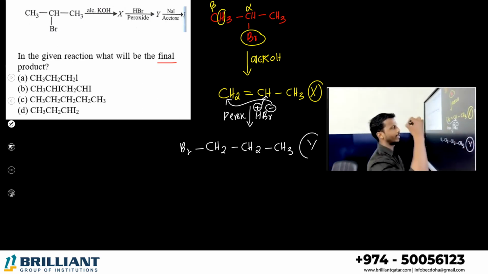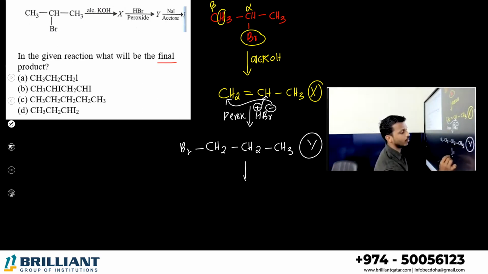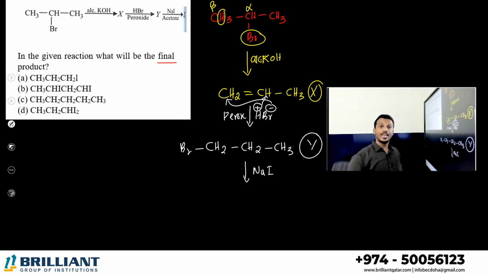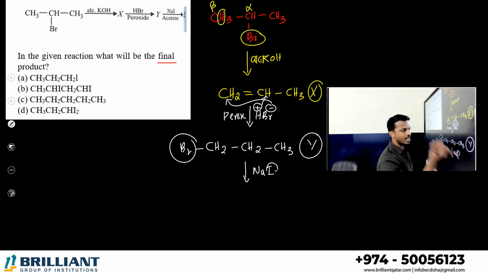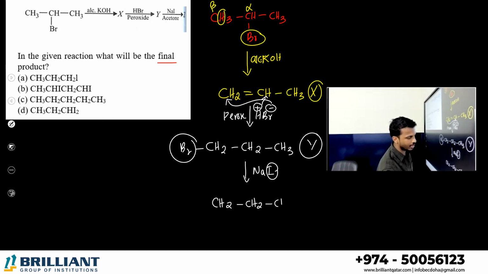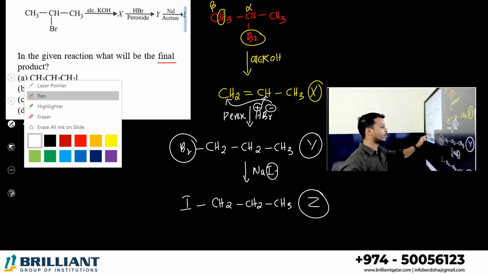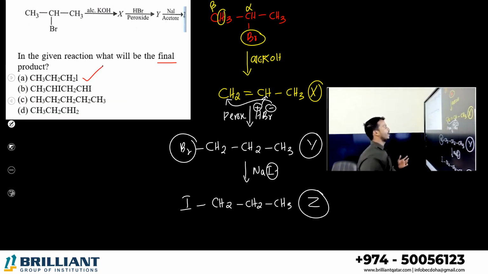This is your compound Y. This one is treated with sodium iodide in acetone. Y is a haloalkane, and sodium iodide we studied in only one reaction, the Finkelstein reaction, the halogen exchange reaction. This bromine is replaced by iodine, so your product will be CH2I, CH2, CH3. This is your compound Z. What is the final product? That is the question. Option A is the answer. Clear, all of you?